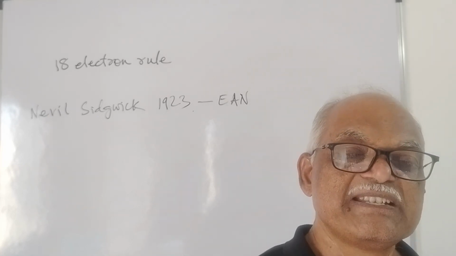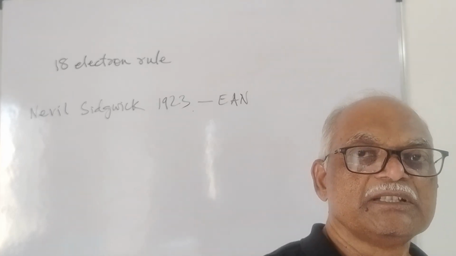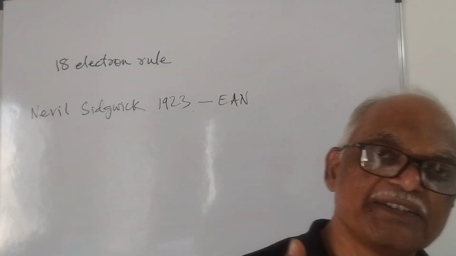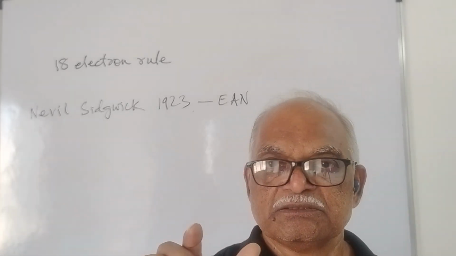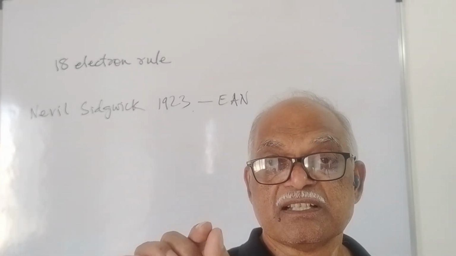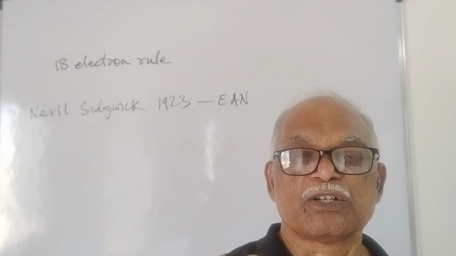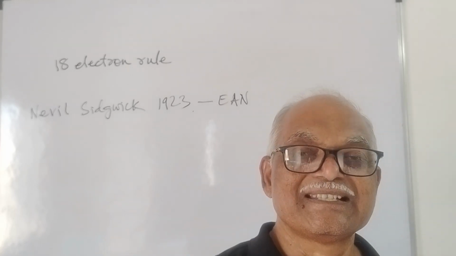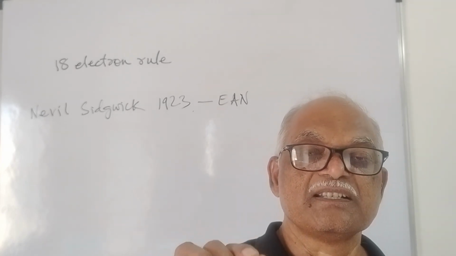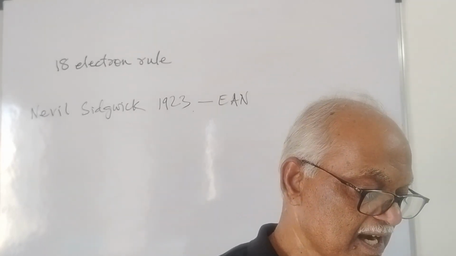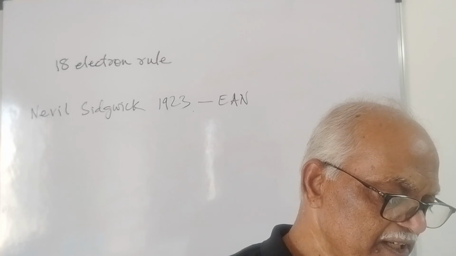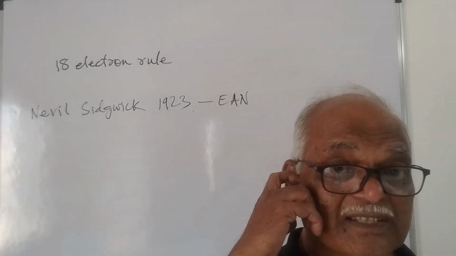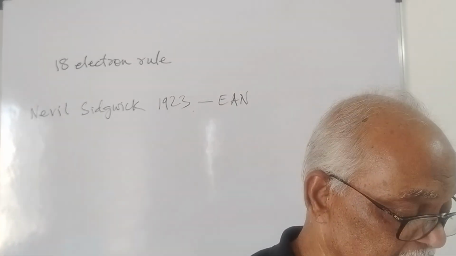But if it shows some difference from the nearest inert gas configuration, 1 or 2 or 3 electrons, then that compound is said to be unstable, meaning it is active. So the configuration of the nearest inert gas element was considered in the case of effective atomic number.